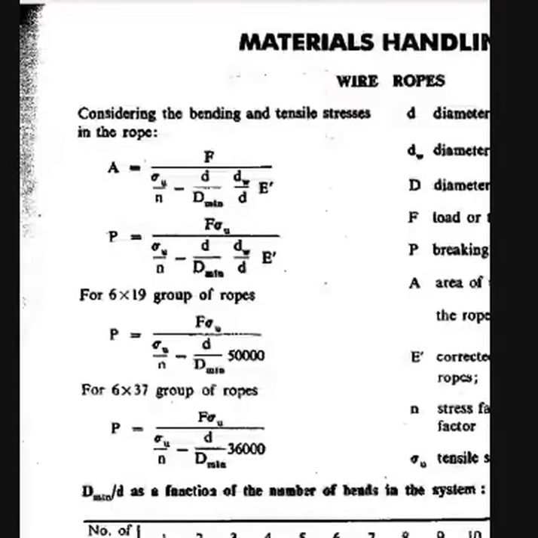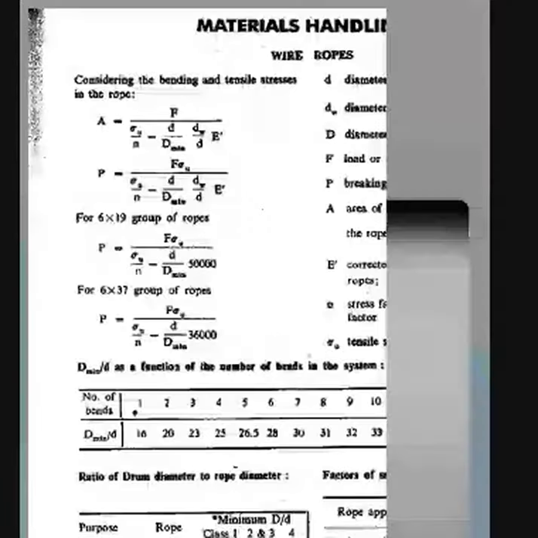In the second formula, F upon sigma U upon n minus D by D mean, dW by D E dash is written, and in the fourth formula dW by D into E dash is replaced by 36000 for the 6 into 37 rope, right? So now we have replaced dW by dE dash with 36000.